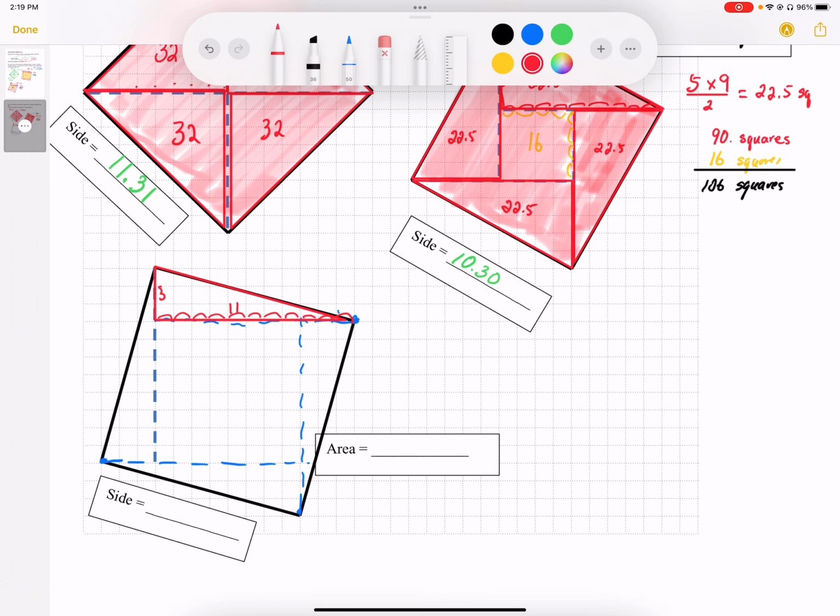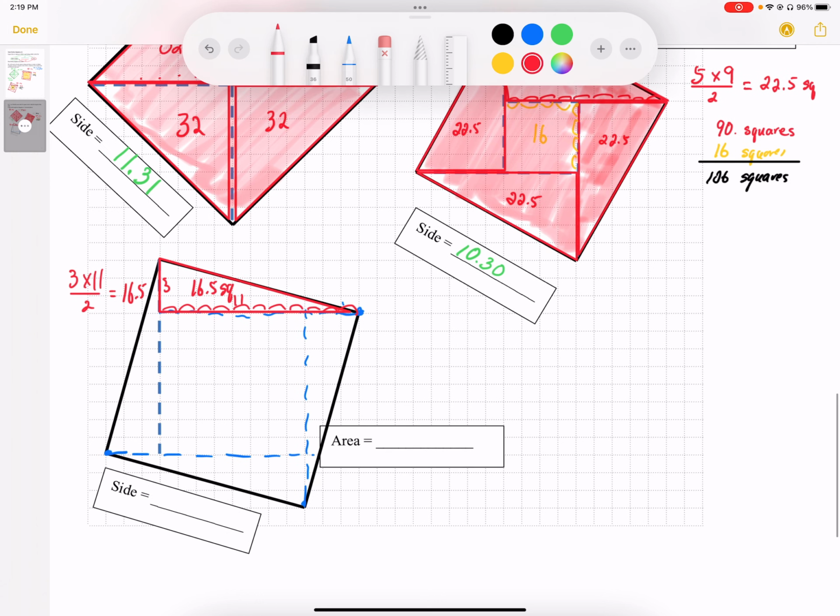That's going to be 3 times 11 divided by 2. That's going to give us 16.5. So we're going to have 16.5 squares in here. That means that those other 3 by 11 triangles are all going to be 16.5 as well.